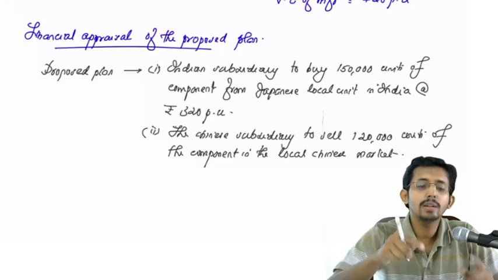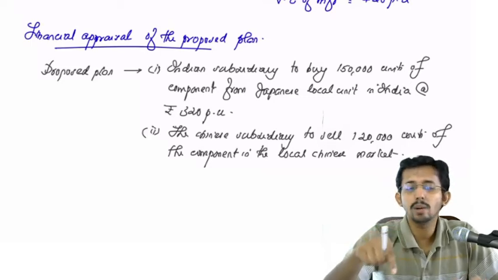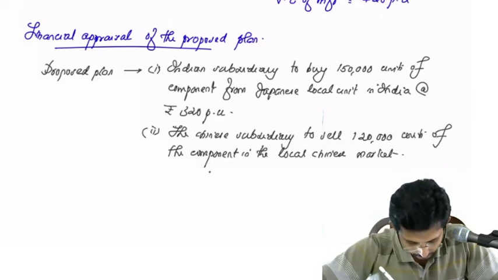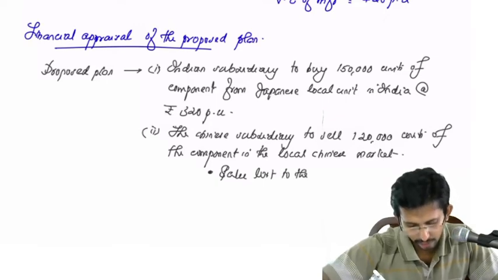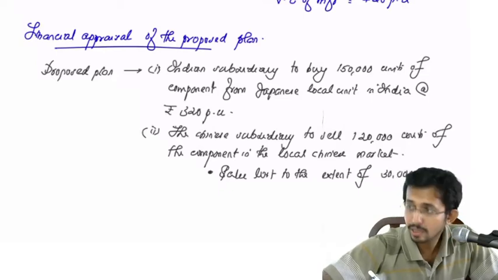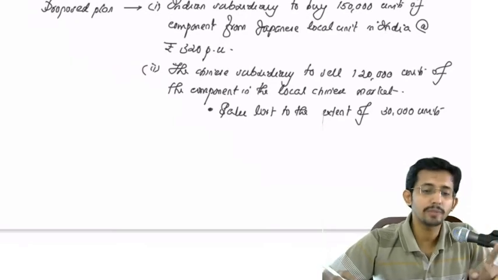But when they go for the internal or domestic sales, that is the sale of 1,20,000 units, there are two aspects. One is sales lost to the extent of 30,000 units. How are sales lost? Because if there was internal transfer, they could have sold 1,50,000 units.